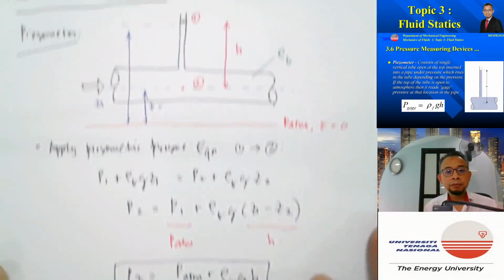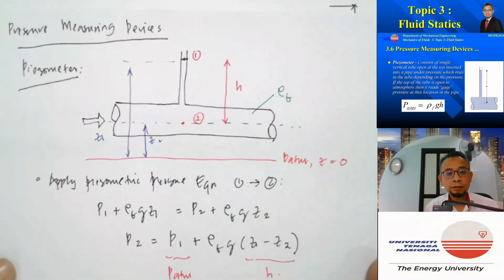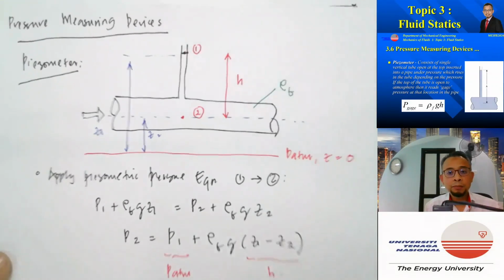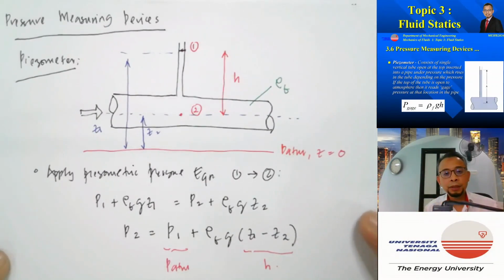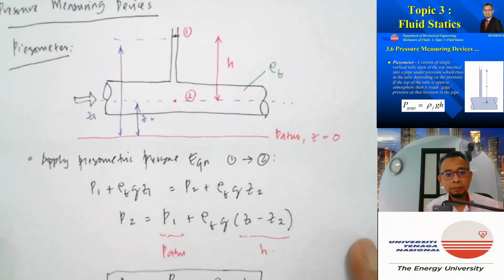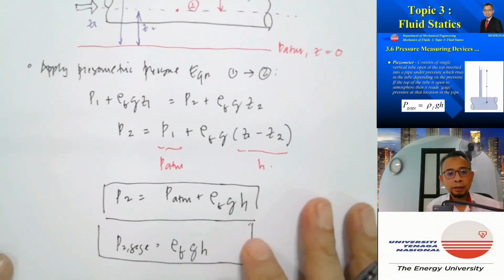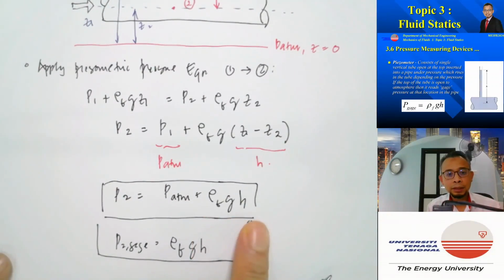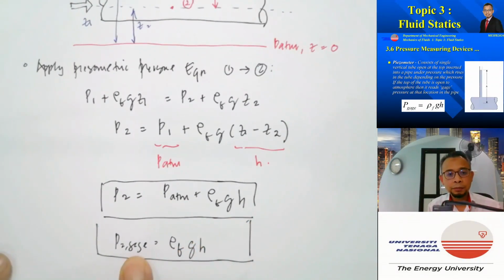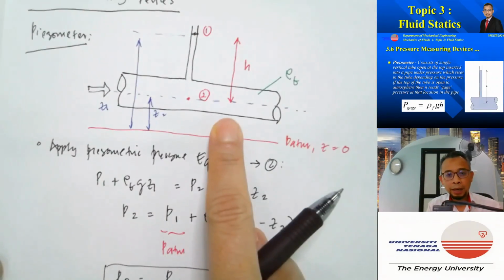So it's a very simple device, consisting of just a tube, and we measure the height at which the fluid level goes up, and then multiply by rho Fg, and that will give us the gauge pressure inside the pipe.